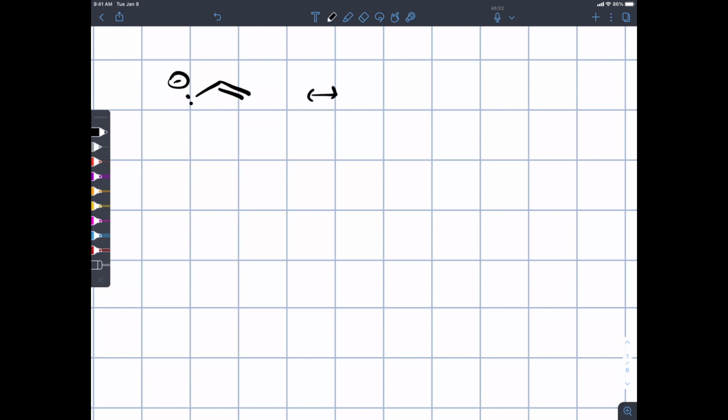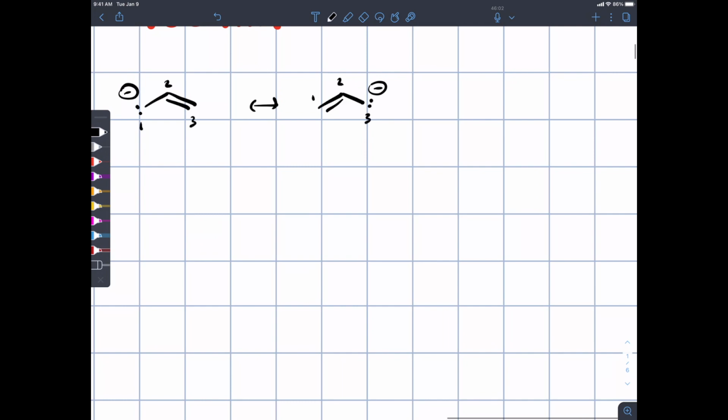And we talked about how, if we call these carbons 1, 2, and 3, resonance tells us that we've got double bond character between 1 and 2 and between 2 and 3, and that we have negative charge on 1 and 3, but never 2, right?